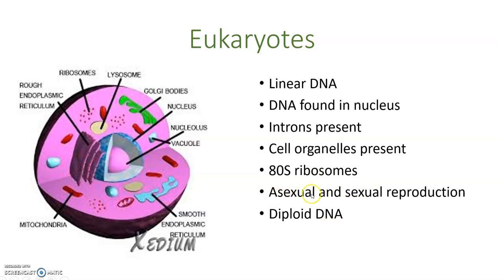And coming to the mode of reproduction, asexual and sexual reproductions are found in eukaryotic cells, while prokaryotes have only asexual type of reproduction. The DNA is also diploid in eukaryotes, while in prokaryotes it is haploid. So this is an overall difference between prokaryotic and eukaryotic cells.